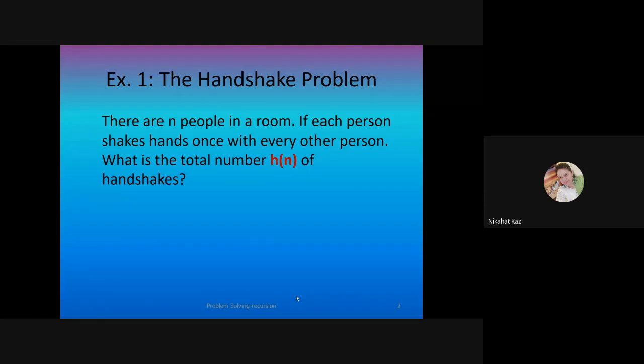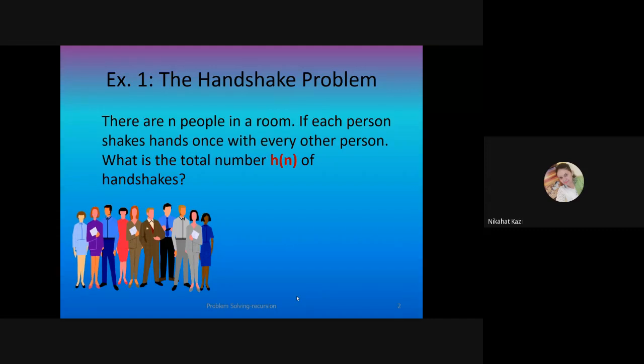So a room filled with people. Let us start with the simplest example. Suppose there are two people in the room. What is the number of handshakes that we have? One.